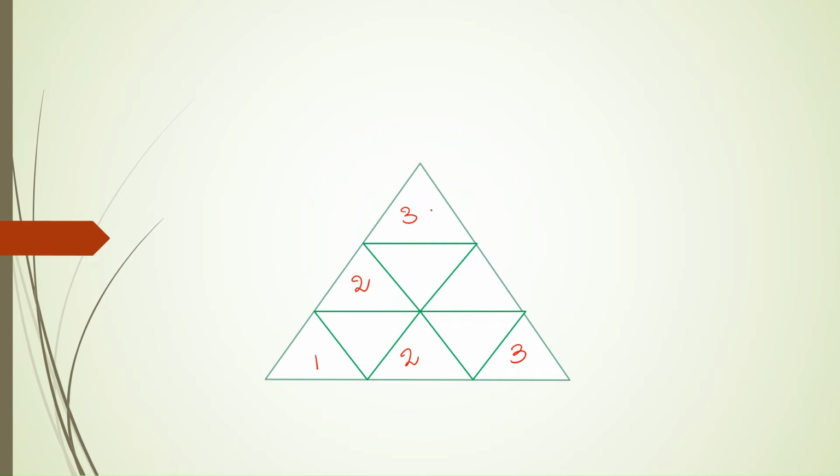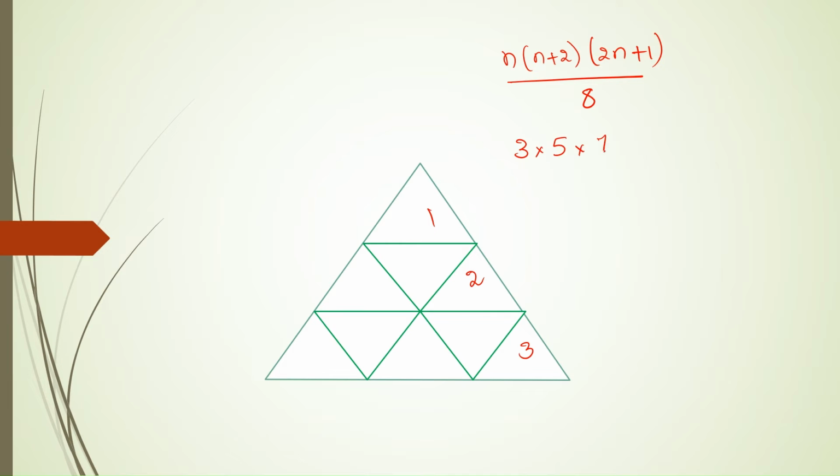So like this, if we have the same number of triangles for all the sides, we can use a formula, that is n into n plus 2 into 2n plus 1 divided by 8, where n stands for the number of triangles with that particular side as base. Here we have 3. When we substitute 3 in place of n, we will get this particular substitution.